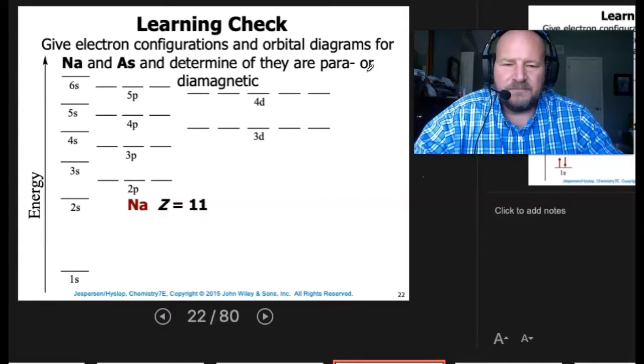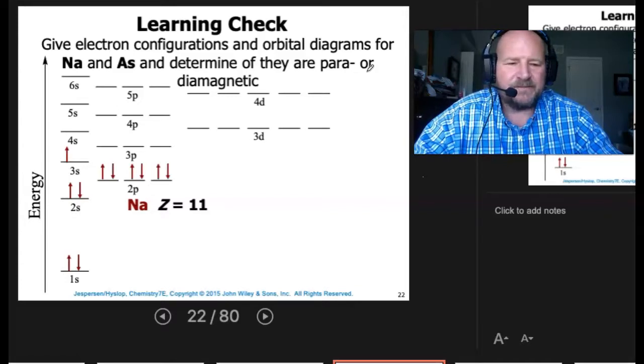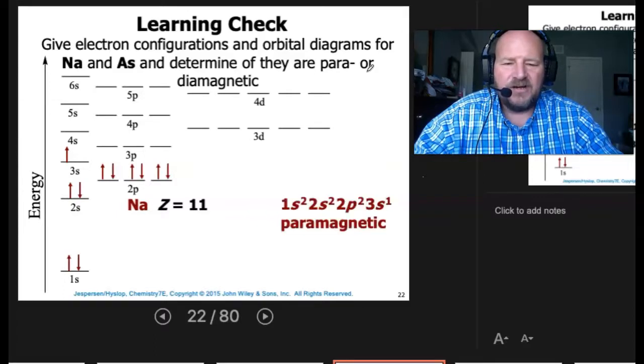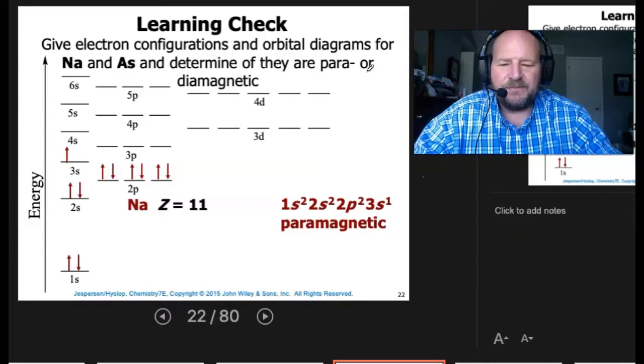All right, so hopefully you put 2 in the 1s, then you put 2 in the 2s, then you put 6 in the 2p, and then 1 in the 3s. We have one unpaired electron, and so we would expect sodium to be paramagnetic. Okay, so far so good.